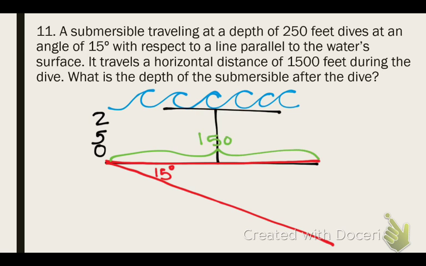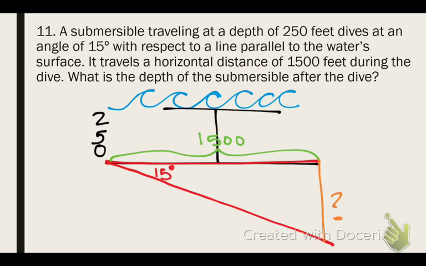So for 1,500 feet, we dive, and then it asks what is the depth of the submersible after the dive. So how deep? When it asks us how deep, we could find what I've highlighted in orange as our depth.